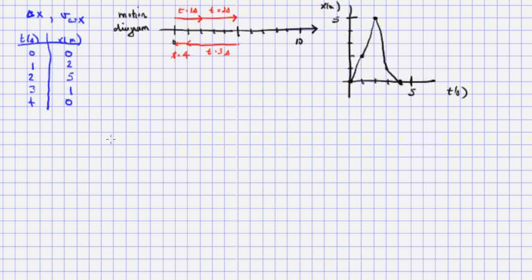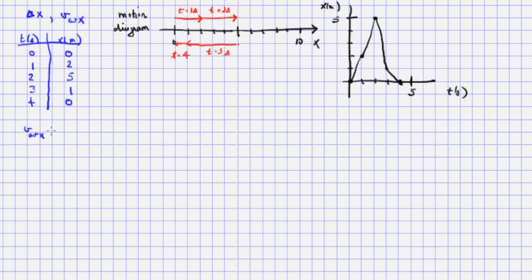Okay, so now we're ready to talk about average velocity. So average velocity, v_av,x, because we're doing this along an x-axis here, so I should have labeled this as an x-axis, is going to depend upon the time interval that we have.